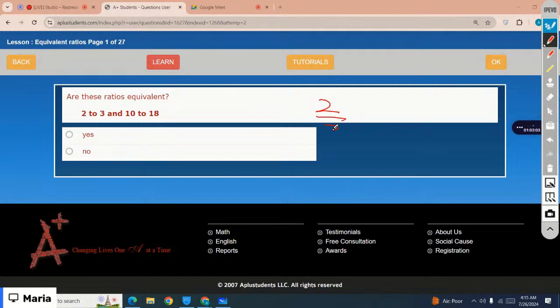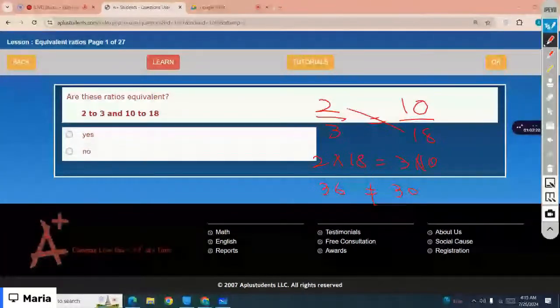So 2 to 3 and 10 to 18. Cross multiply: 18 times 2 and 3 times 10. That is not equivalent. No, they are not equivalent, right? Any question, you can please ask.